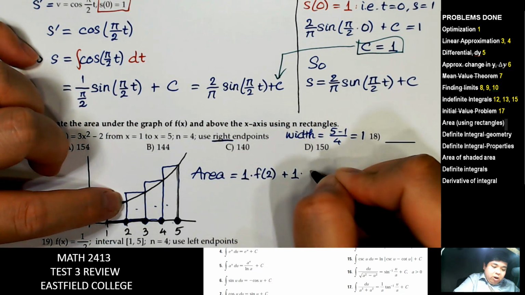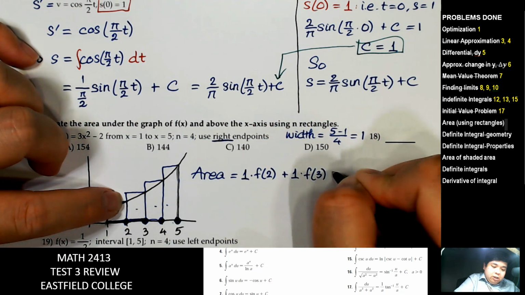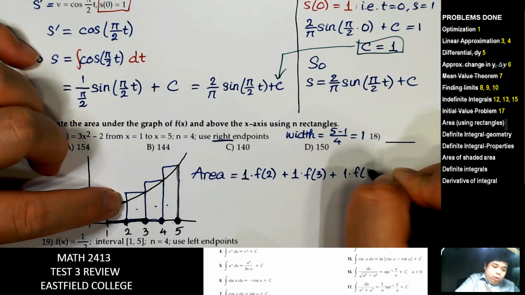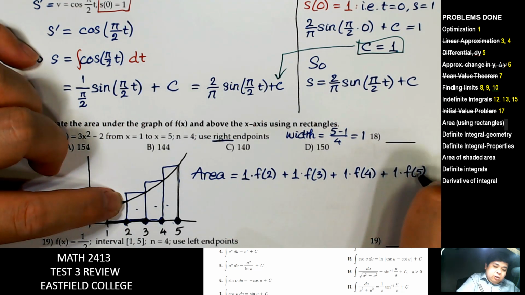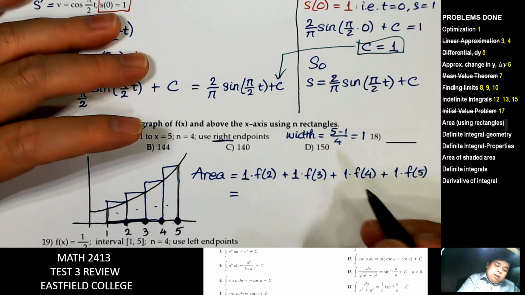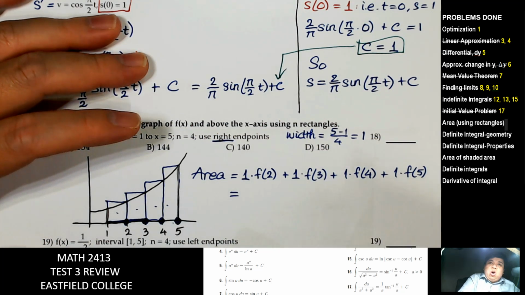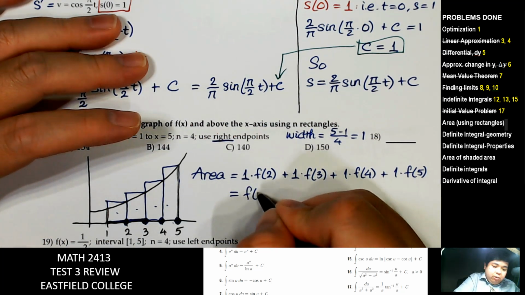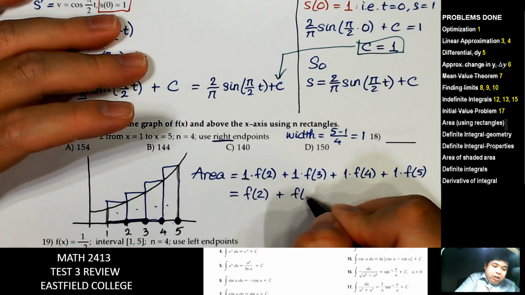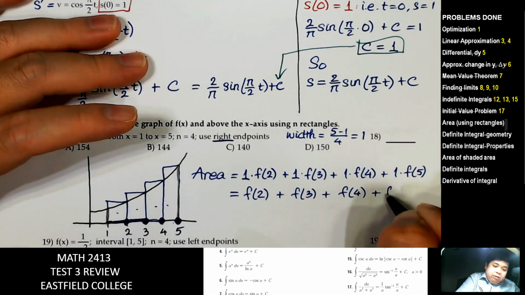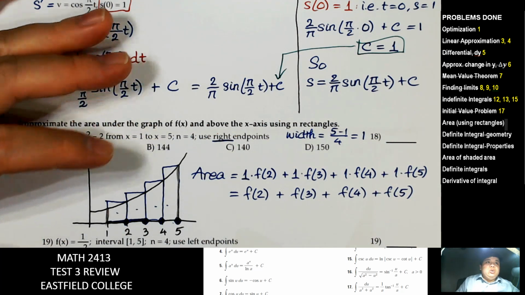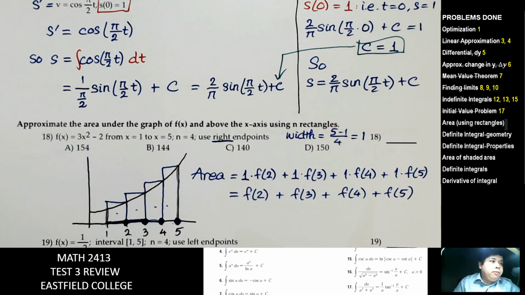The second rectangle is f of 3, f of 4, and f of 5. So we can ignore all the 1. We have f of 2, f of 3, f of 4, and f of 5. Let's use the calculator on this one.